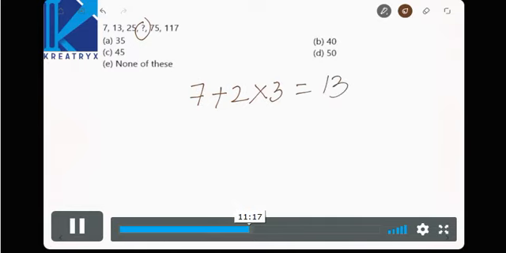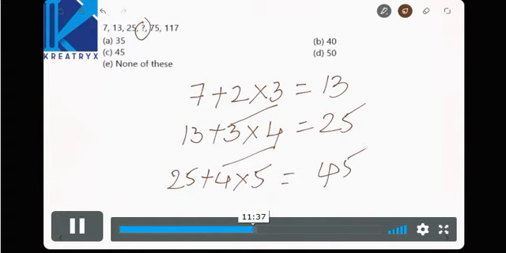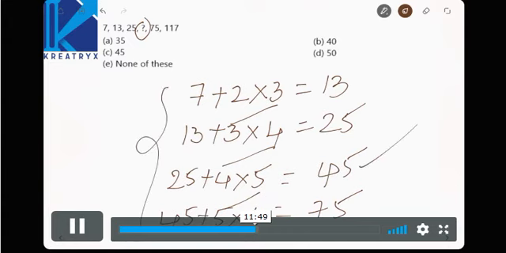Now 13 and 25. 13 plus, see here, 3 came here. 3 into 4. So 13 plus 12 leads you to 25. Next 25 plus 4 into 5, 20. So that is nothing but 45. And again 45 plus 5 into 6, 30, gives 75. So your series is correct. This is the pattern followed in the series. So the answer is 45.